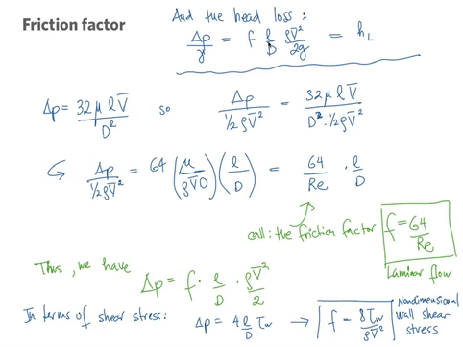So what happens for turbulent flow? As you were pointing out, for turbulent flow, we don't have this neat, clean expression, so we can't do that. So what can we do for turbulent flow?